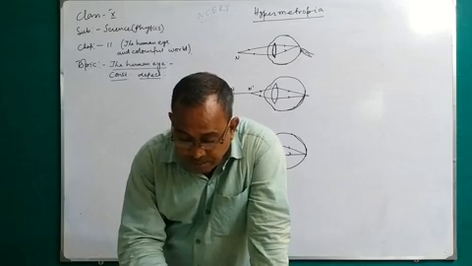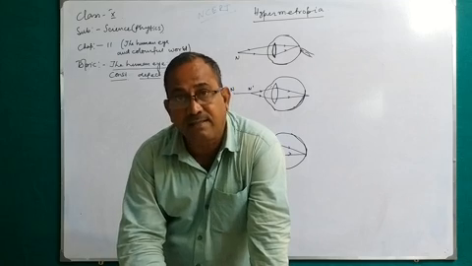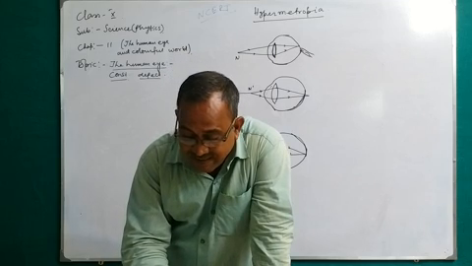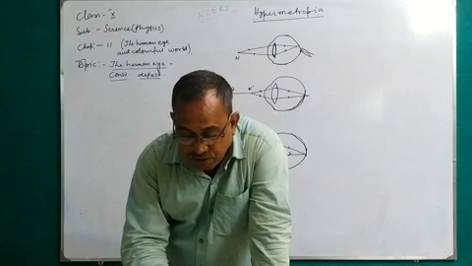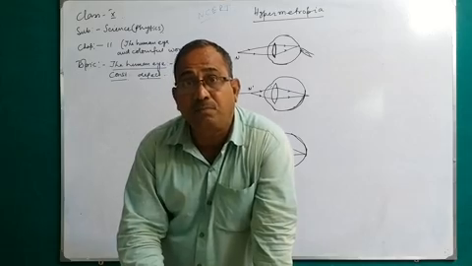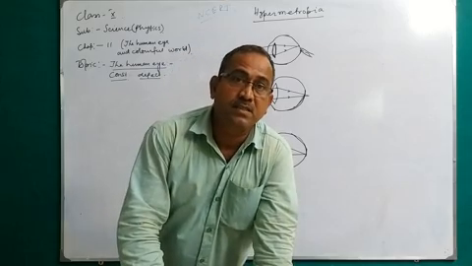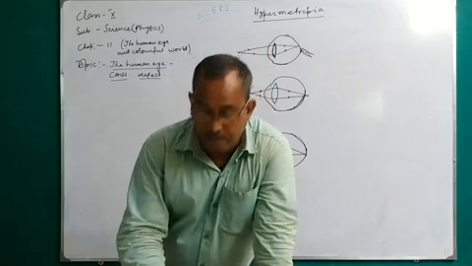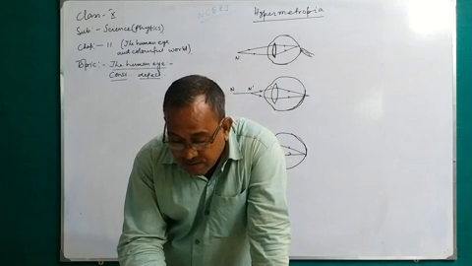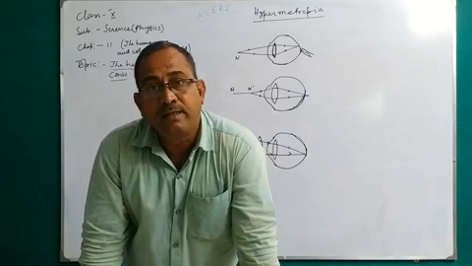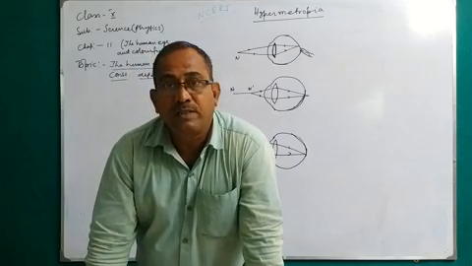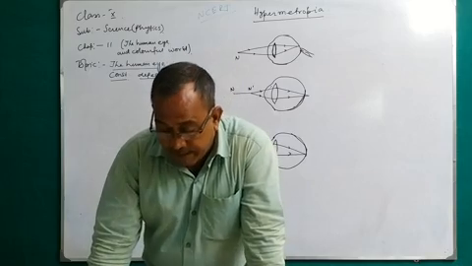So hypermetropia is also known as far-sightedness. A person with hypermetropia can see distant objects clearly, meaning far distance is okay, no problem, but cannot see nearby objects clearly.